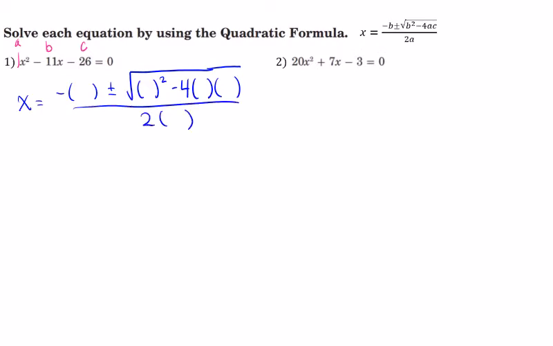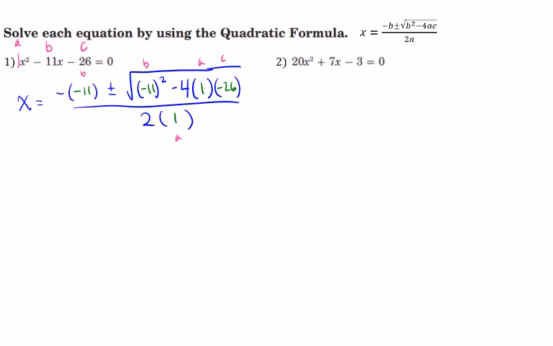So B goes here, B goes here, A goes here, C goes here, and A goes here. I just remember those things, and then we plug them in where they go. So we plug in negative 11 for B, negative 11 here for B again, A is 1, C is negative 26, and A is 1 again. So that's basically how we set it up.